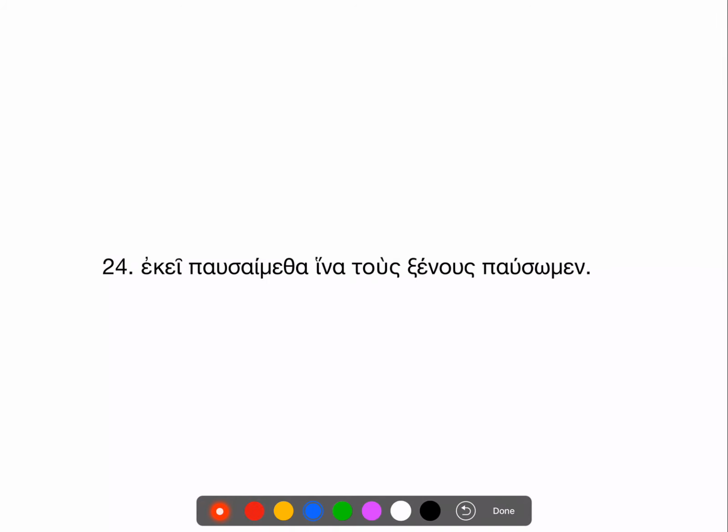Ekei pausaimetha hina tous xenous pausomen. So here we have an aorist optative middle, and that's the main verb, the verb of the independent clause. And here we have an aorist subjunctive active, and that's inside what appears to be a purpose clause. So, first this one. It's an independent use of the optative.